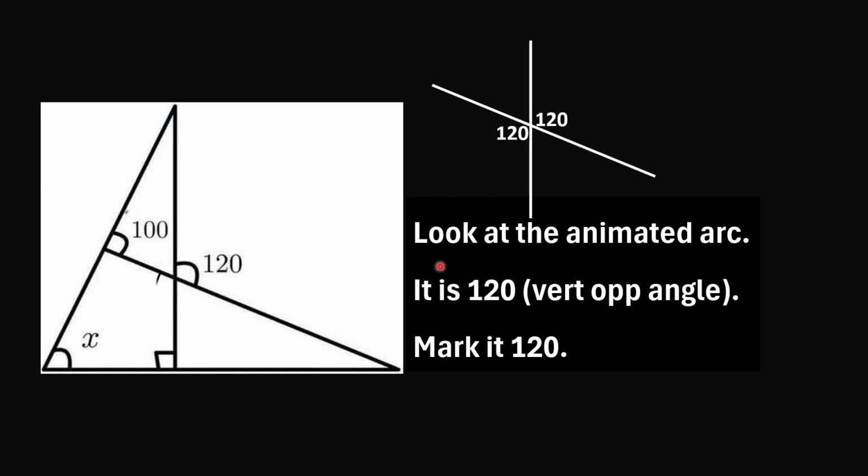So first, look at the animated arc. That should be 120 because the vertically opposite angle is 120. This is one line and this is another line, and this angle is given as 120.